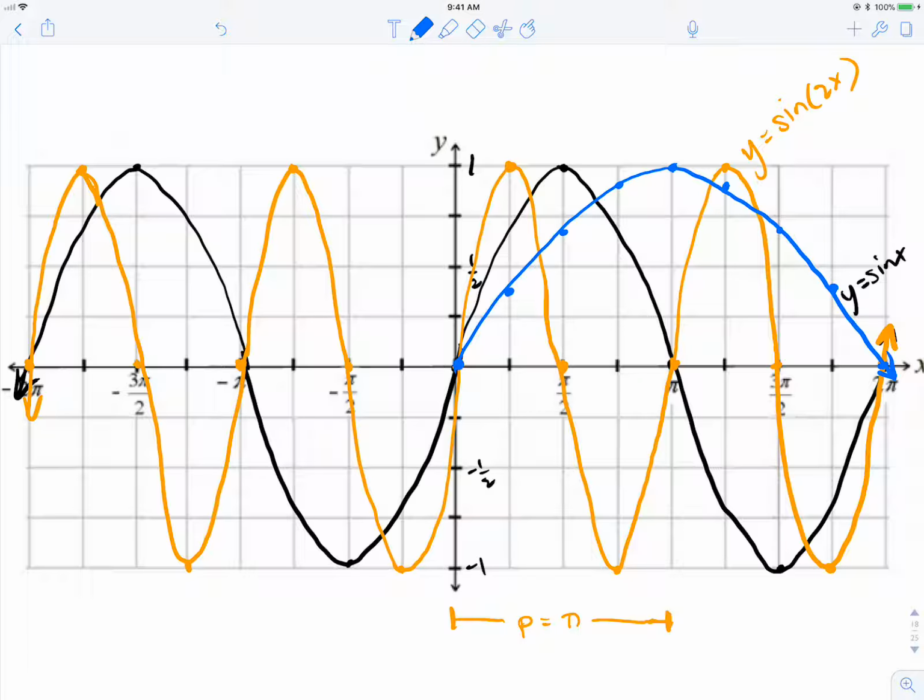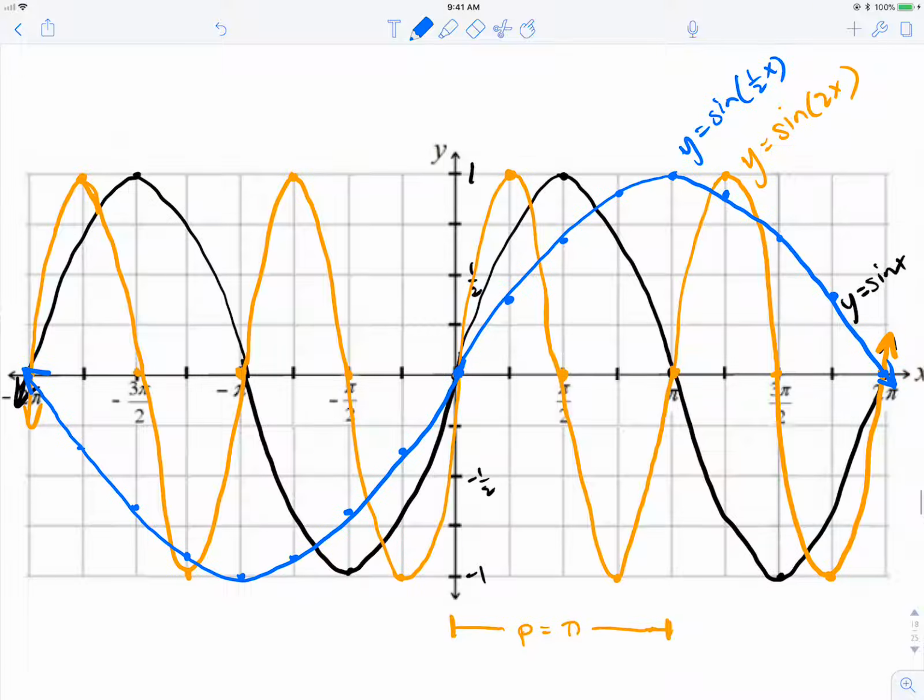We know that it's going to dip down below the x-axis now. Okay, so then in blue we have y equals sine of 1/2 x.